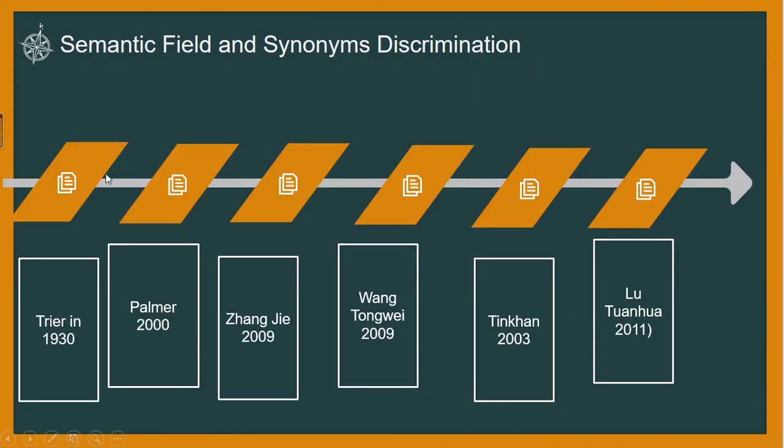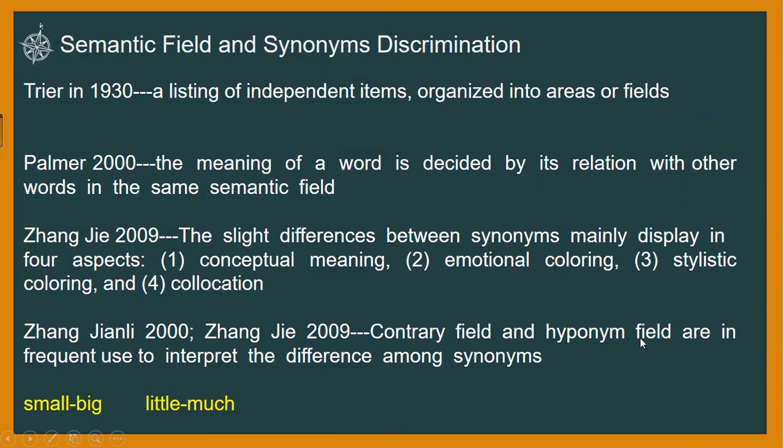Semantic field and synonyms discrimination covers these 6 scholars. So the first one organized into areas or fields. Then Palmer advocates the meaning of the word is decided by the relation with other words in the same semantic field.